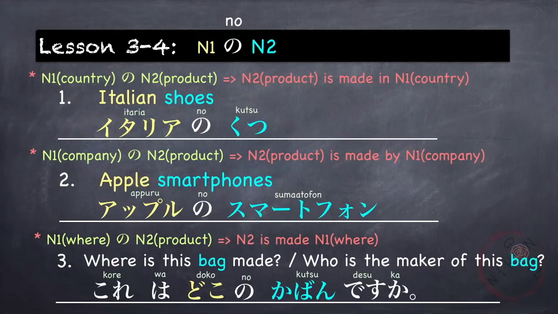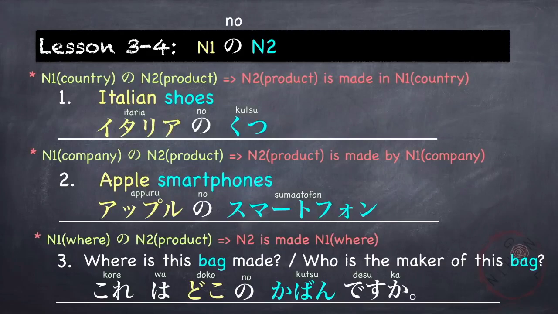If you're getting confused about the N1 no N2 pattern, just think of N1 as the owner. So the first word is always the owner, followed by no and then N2. N2 is always the object or the person that belongs to N1.